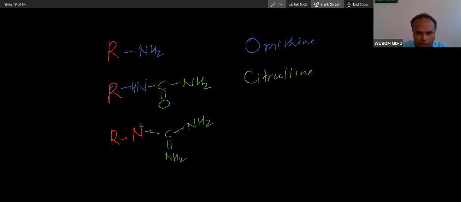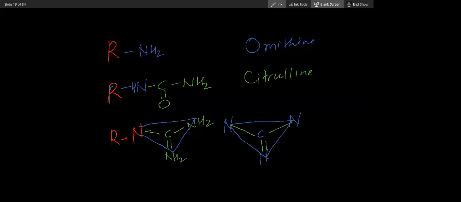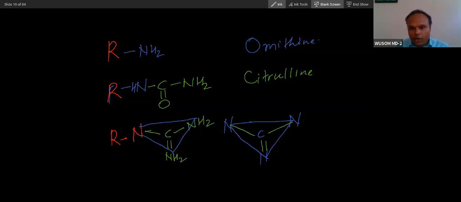I will do a very unique kind of thing. Can you see this becomes a triangle? Can you make it a triangle like this? At the terminal region you have nitrogen, and at the center you have carbon. Can you see this structure? This is a guanidino group.